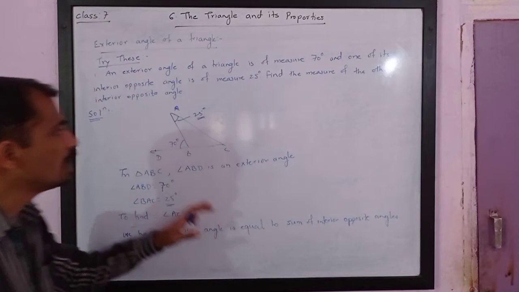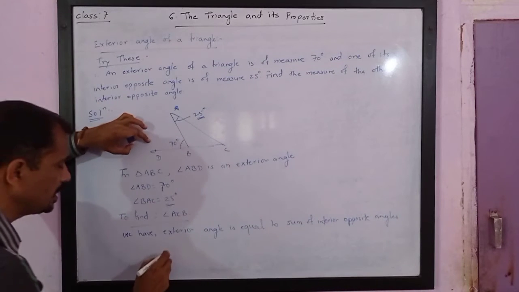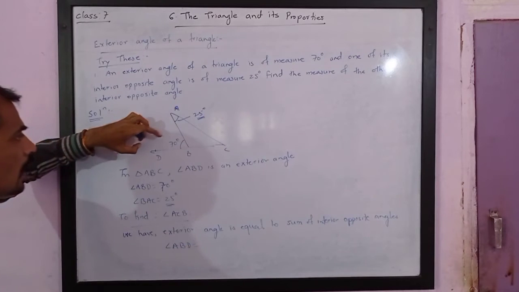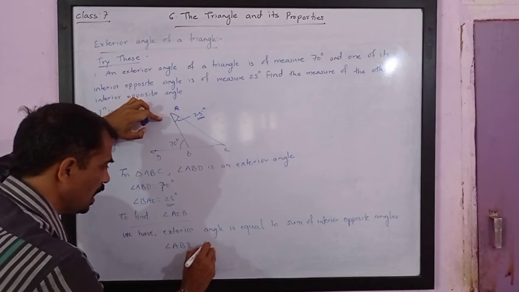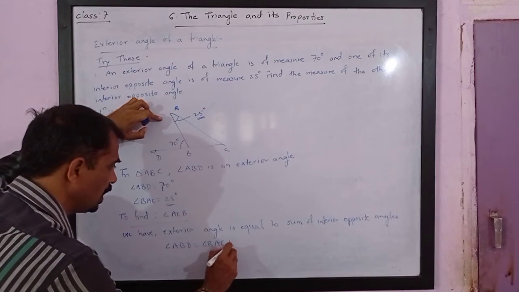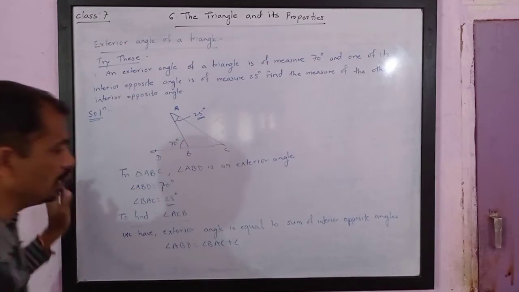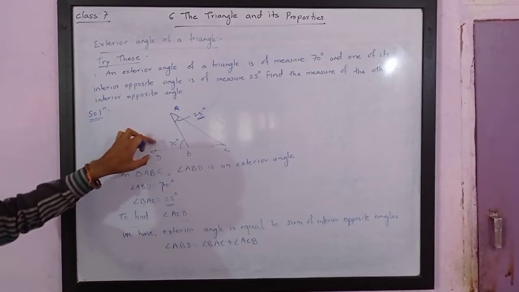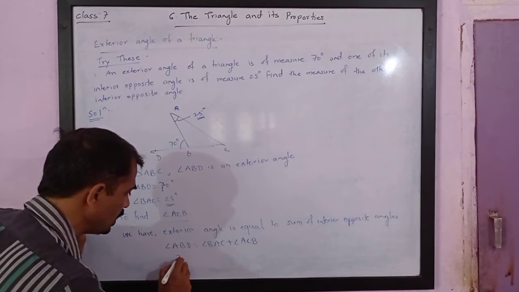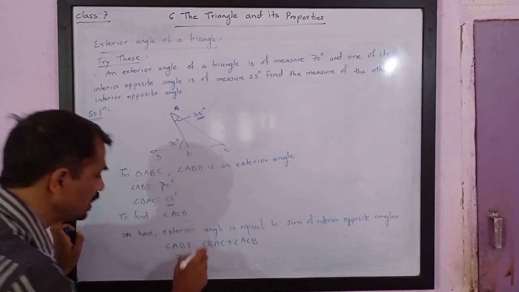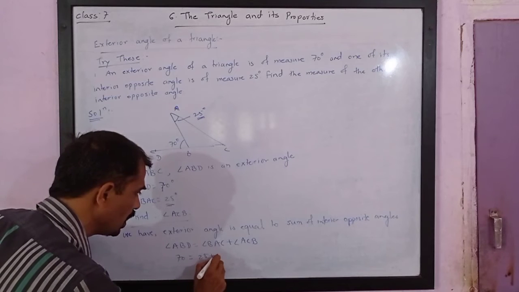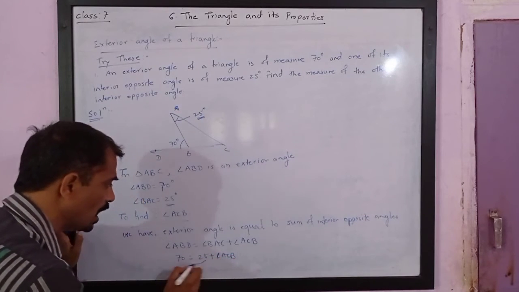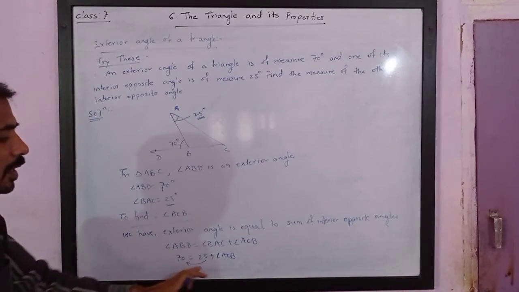It means the exterior angle ABD is equal to angle BAC plus angle ACB. So ABD is 70 degrees. We will get 70 degrees is equal to BAC, which is 25 degrees, plus angle ACB. Now if you transpose 25 to the other side, it will become negative.